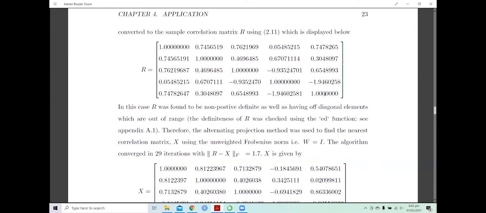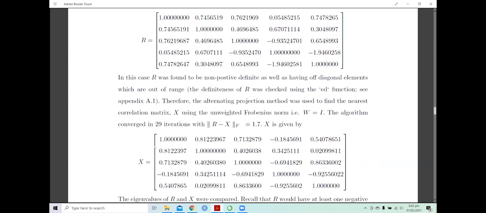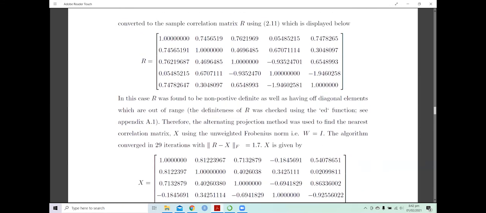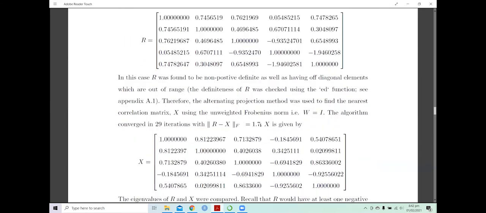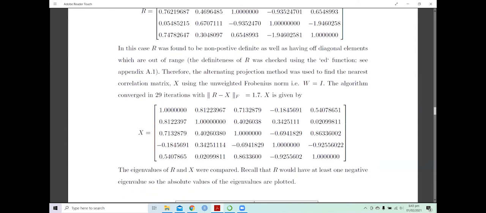After running the algorithm again using W as I, the identity matrix, we find that the closest matrix to the observed one is only 1.7 distance away, I don't know the exact distance, and we get this correct matrix. So that is the idea behind this.